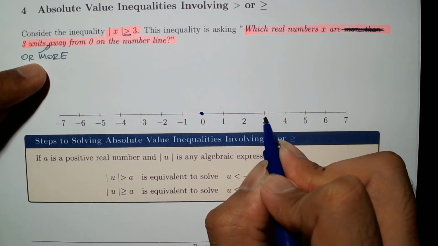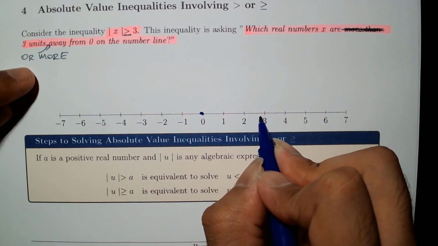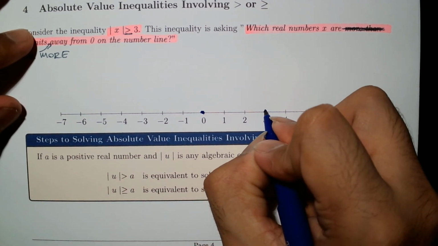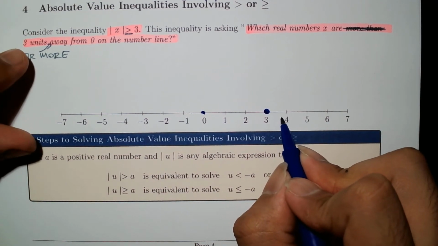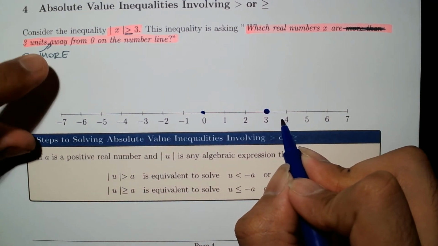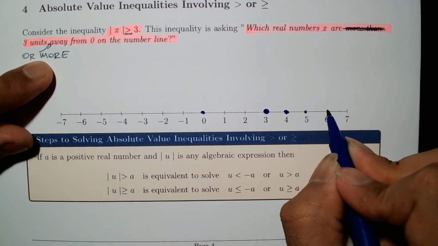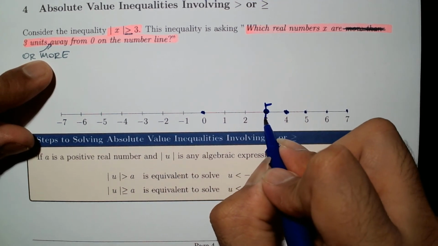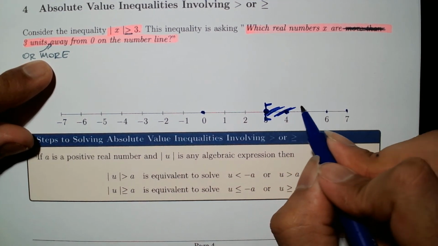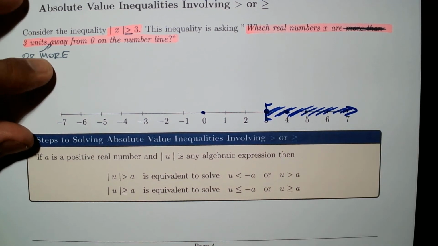The next step. Is the number 3 units away from 0 or more? Yes, that's the first number. What about the number 4? Is that 3 units or more away from 0? That is correct. And then 5 as well, and 6. All these numbers are going to be 3 units or more away from 0.